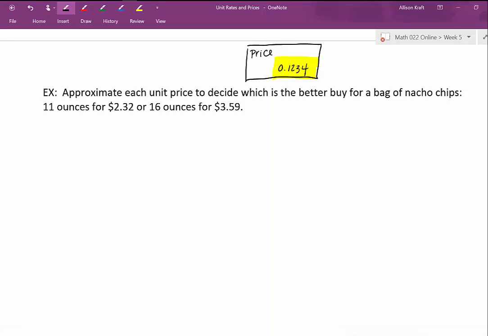We want to approximate each unit price to decide which is a better buy for a bag of nacho chips. 11 ounces for $2.32 or 16 ounces for $3.59. We'll start by finding the unit prices. Take the price and divide it by the number of units.